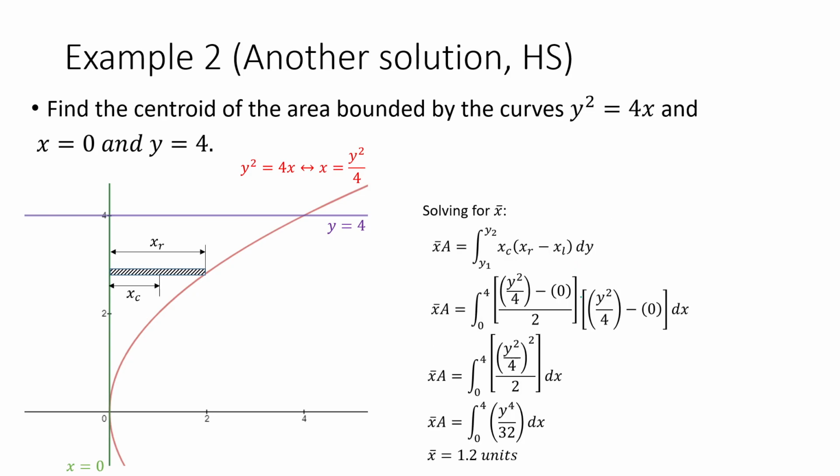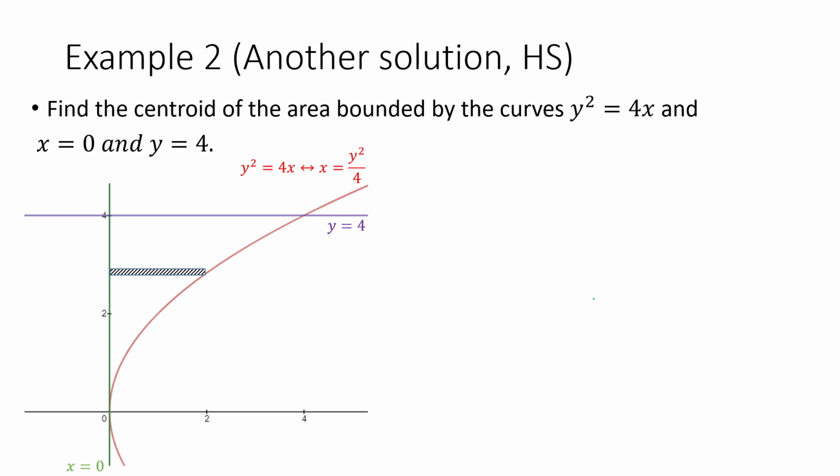Okay, so bar x, and then the area. So x sub c times the differential area. Since we are using the horizontal strip, this becomes x sub c times (x sub right minus x sub left) dy from y1 to y2.